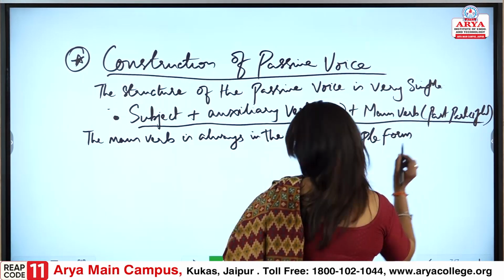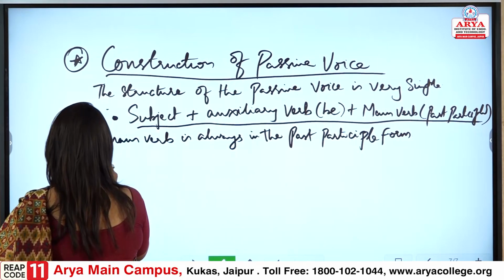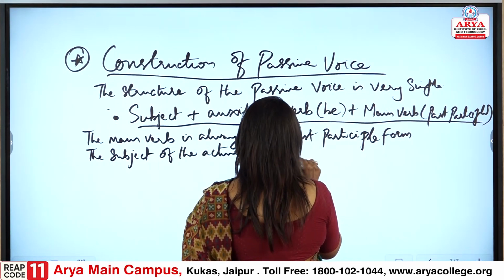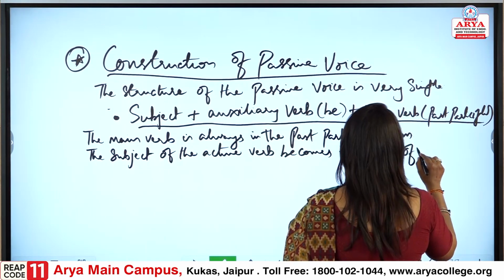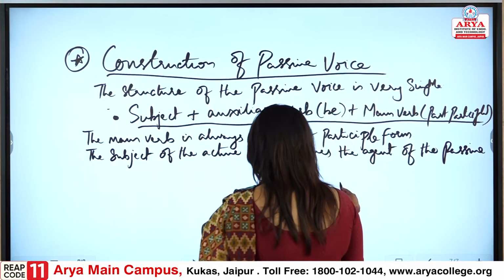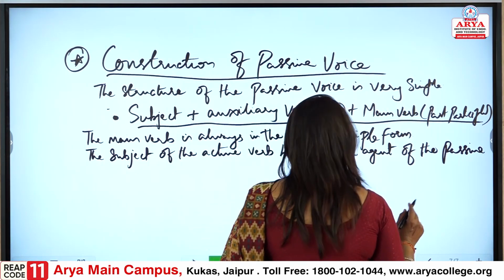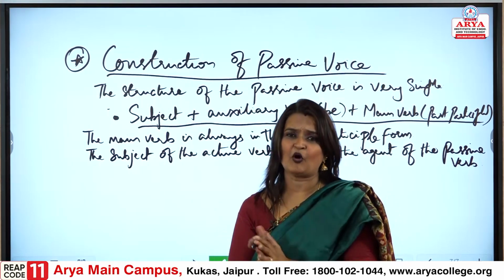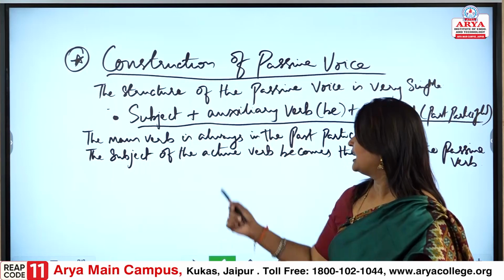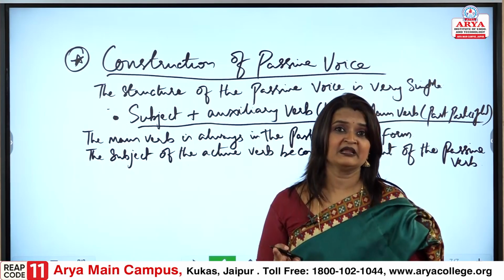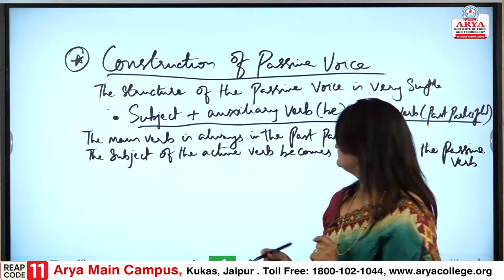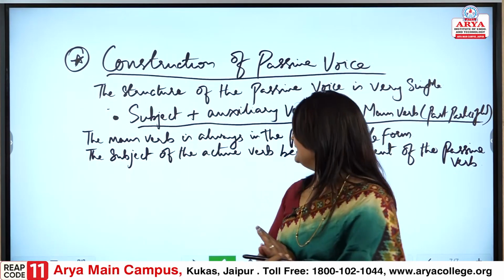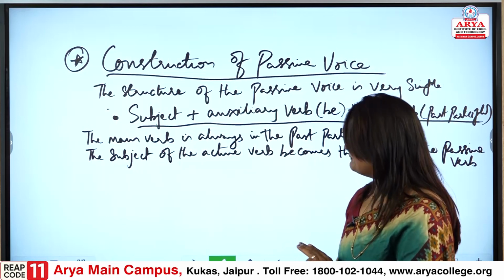Then the second point that we would take care of is the subject of the active verb becomes the agent of the passive verb. So the second point that is very important is that the subject of the active verb becomes the agent of the passive verb. This is the second point that we would remember.